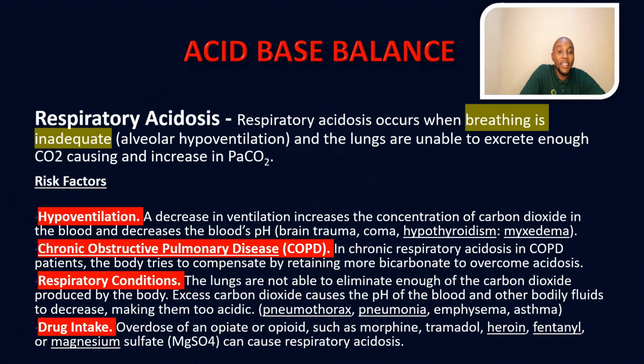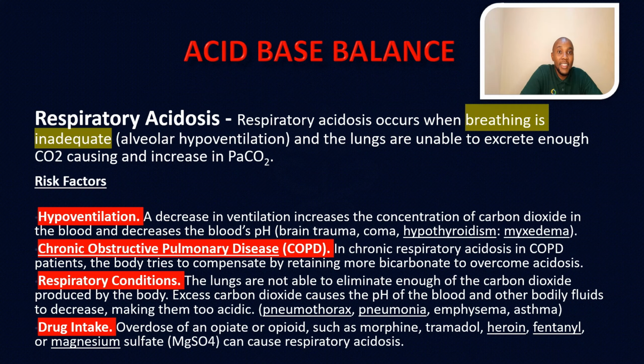Normally what happens in COPD is that there is accumulation of CO2 in the lungs, and the body will try to compensate by retaining more bicarbonate in an attempt to overcome the acidosis that results from the accumulation of carbon dioxide.